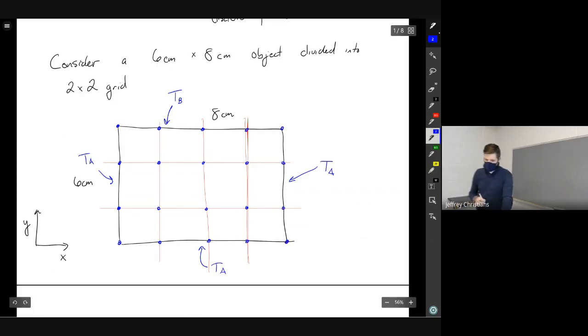Okay, at each one of those nodes. If we look at it, right, we have 4 nodes up and down and 5 left and right. So we have 20 total nodes.